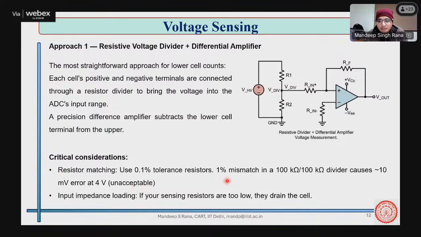If you put normal resistors, like 1% tolerance versus 0.1% tolerance, there's a big difference. For example, 1% mismatch at a 1 kilo ohm divider causes a 10 millivolt error at 4 volt, which is unacceptable. So we need to go for very high precision resistors at the sensing end.